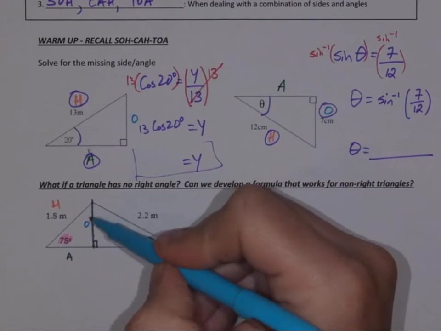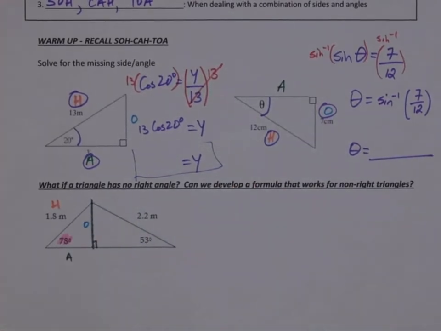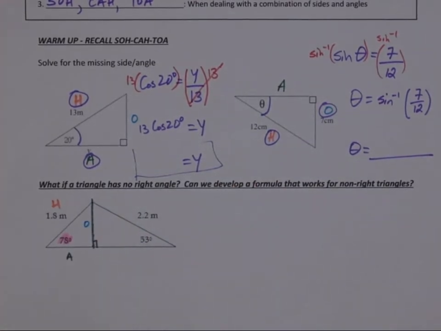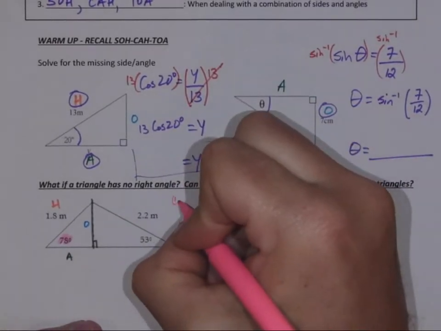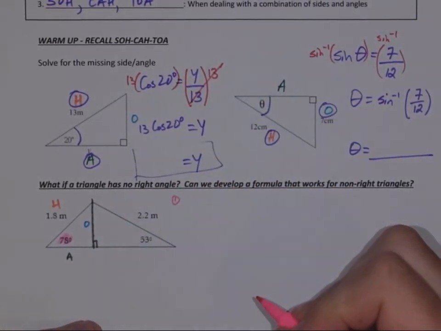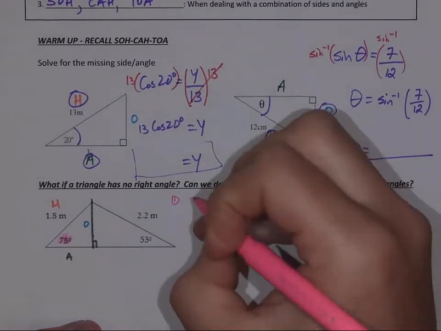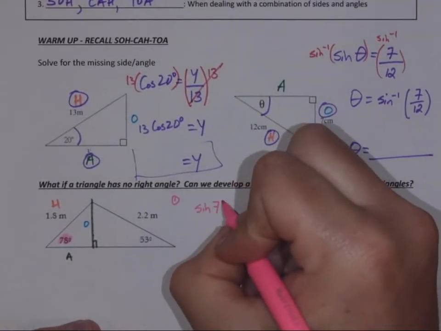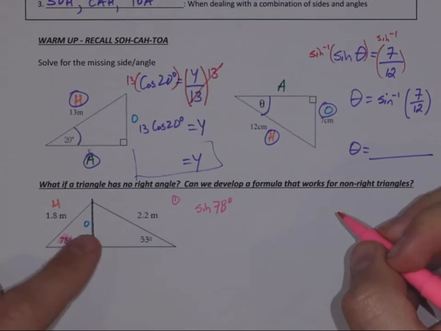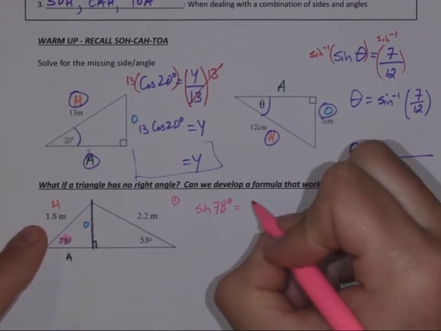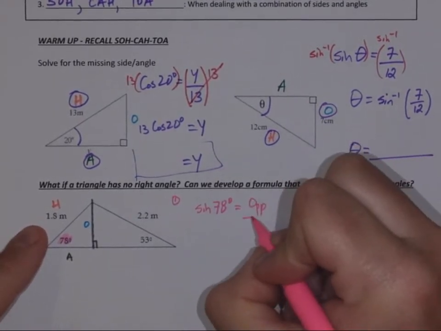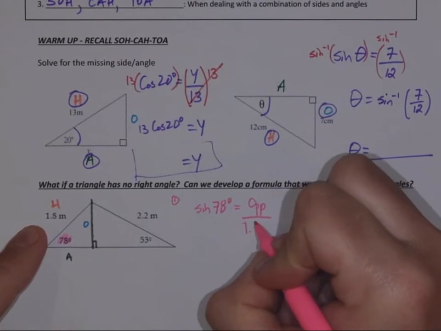And so could we find that height? And so for that first triangle, in bright pink here, we have sine of 78 degrees. It's going to be opposite over hypotenuse. It's going to be that opposite over hypotenuse 1.8.